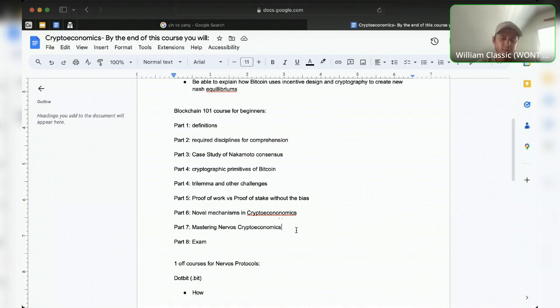For example, the Nervos protocol has a staking DAO for your tokens so that it can offset the dilution from the block reward. So it actually has the same degree of scarcity as Bitcoin itself if you're using it as a store of value and you lock up the tokens.